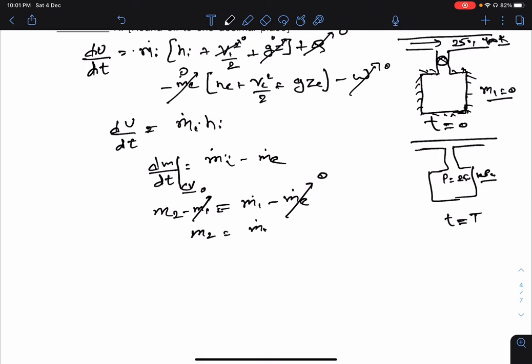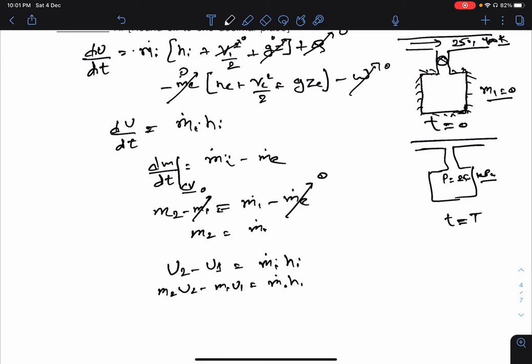So m2 is equal to m_i. So I can write dU/dt is equal to u2 minus u1 is equal to m_i dot h_i. So I can write m2 u2 minus m1 u1 is equal to m_i dot h_i.